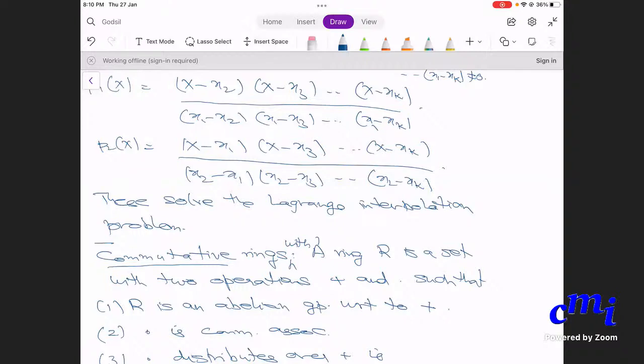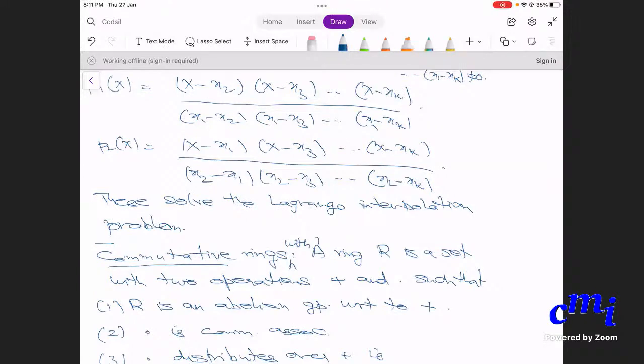Any other questions? Is it possible we can extend to polynomials in two variables? For Lagrange interpolation, we can approximate a polynomial in a single variable. Yes, there are methods for two variables.